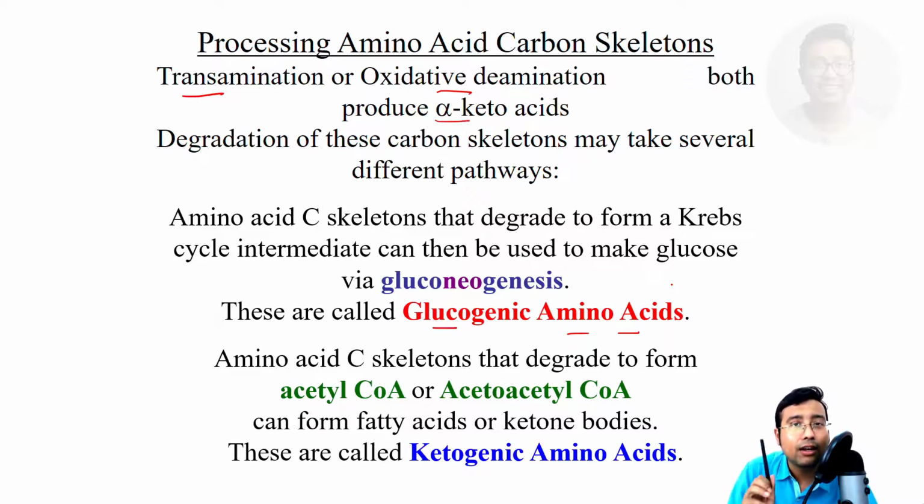And there are few amino acids whose carbon skeleton breaks down in such a way that they lead to formation of acetyl coenzyme A or acetoacetyl CoA. These are nothing but precursors of ketone body synthesis. We will be reading in lipid metabolism. These are known as ketogenic amino acids. Whereas some amino acids can do both, best of both worlds. So they are combined glucogenic and ketogenic.